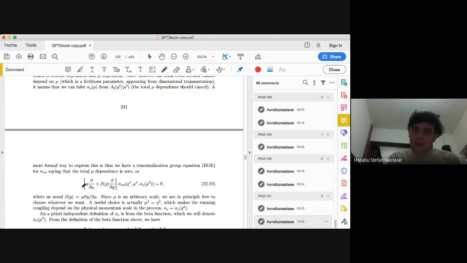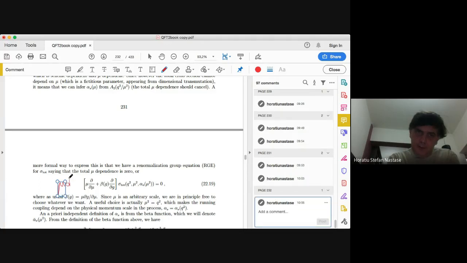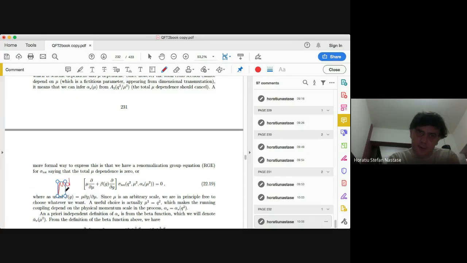But then the total dependence, mu d mu, which is equal to mu partial d mu plus beta of g, which, as you remember, is mu d mu of g times partial d dg of sigma total, is 0. All right? So that's the formal way of saying it.